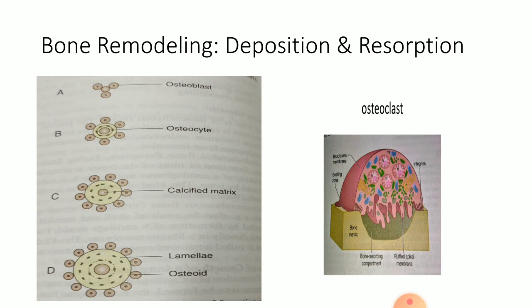But when these pyrophosphate molecules are removed or dissolved, the hydroxyapatite crystals can be deposited and crystallization can really occur of the osteoid tissue.